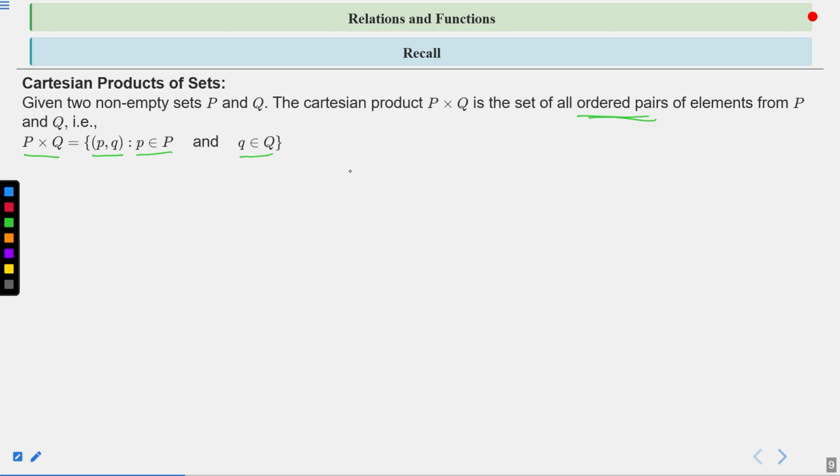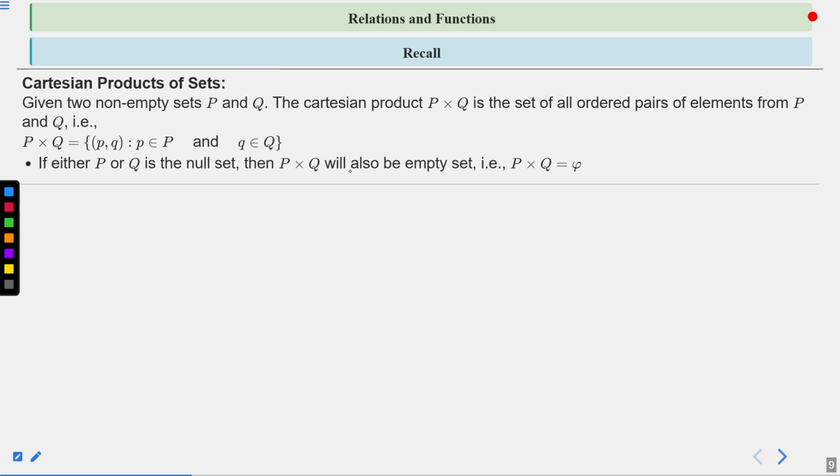The corresponding parts of the pairs must be the same. Clear? If either of P and Q is the null or empty set, then we describe P cross Q as the phi set, the empty set. Clear? So this is the basic idea of Cartesian product.